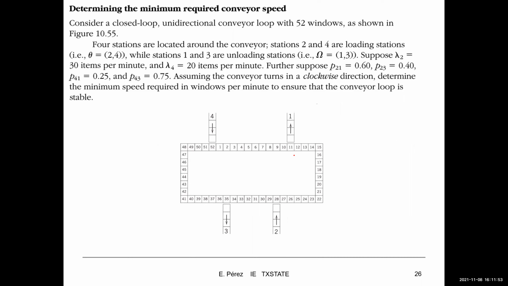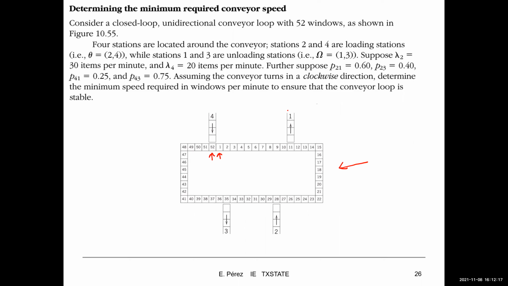So we're gonna have a closed loop unidirectional conveyor loop with 52 windows, and those are listed here. We start here, and this is the last window. 4 stations are located around the conveyor.